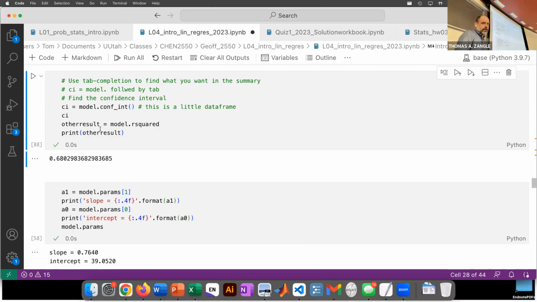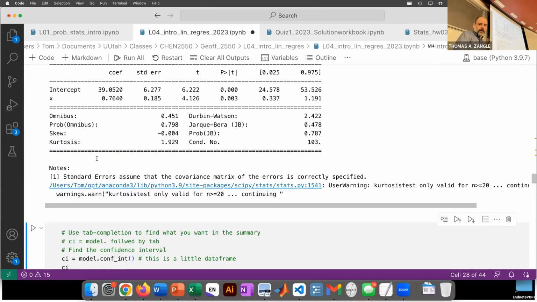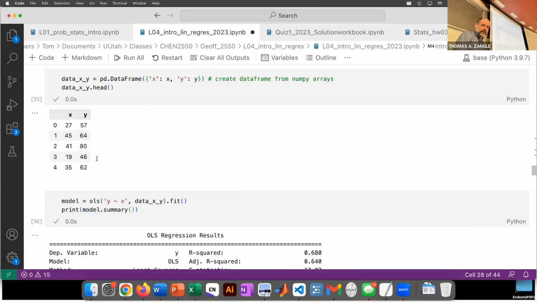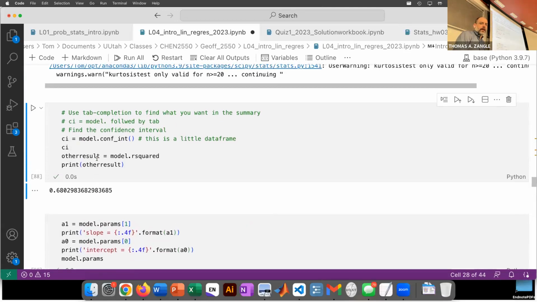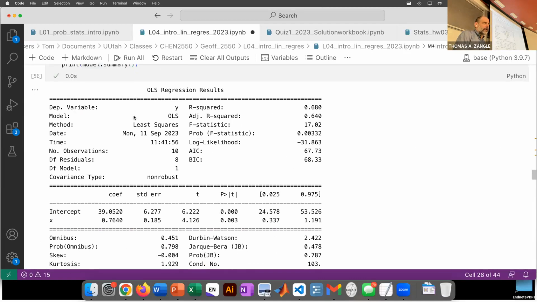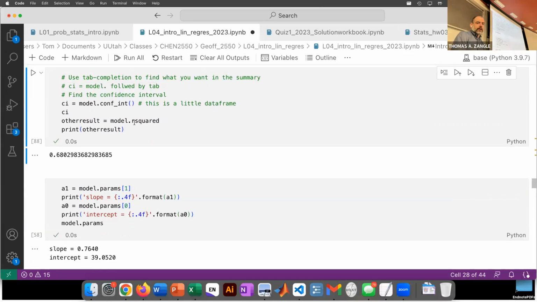We can pull out other values from our model using the functions defined on that model object. In this case, I pulled out the R squared, which we had computed up above, and it was about 0.68. So we get the same results. This is showing model.summary, but we can pull out any one of the values that we want about this linear regression. They're just stored within this model structure at the end of this calculation.